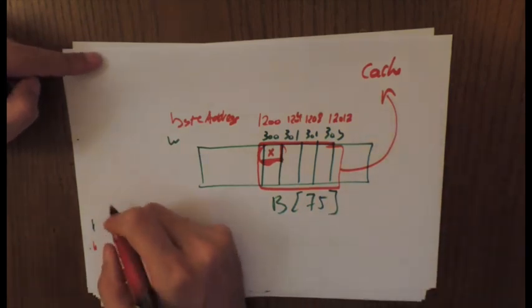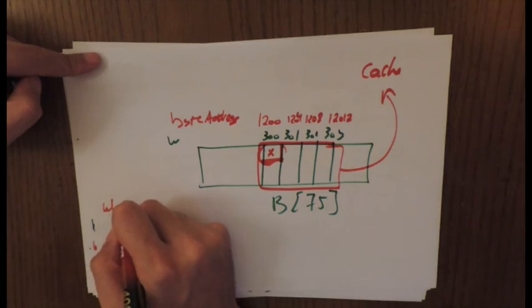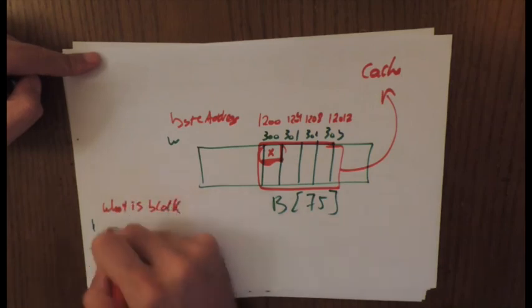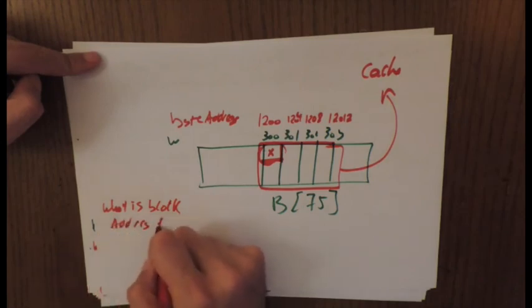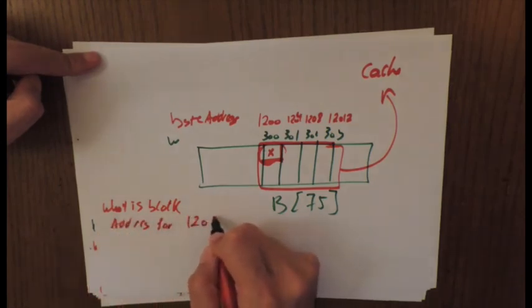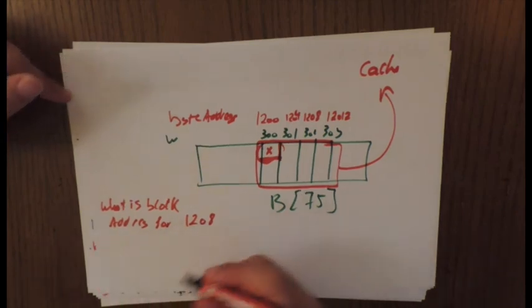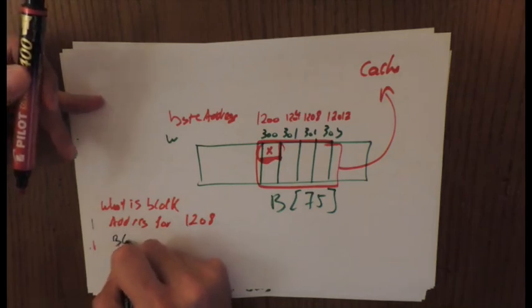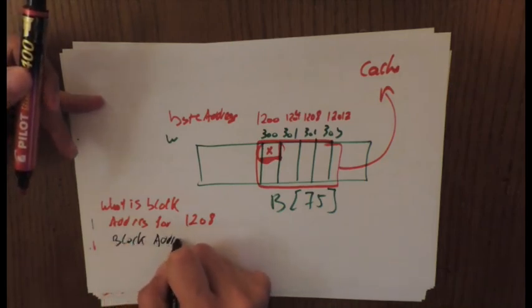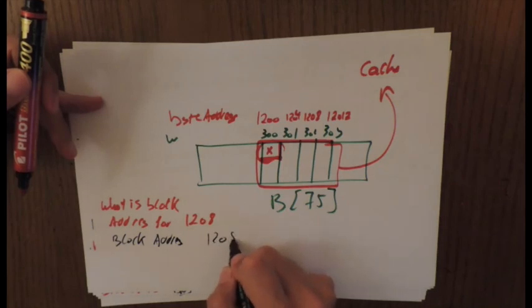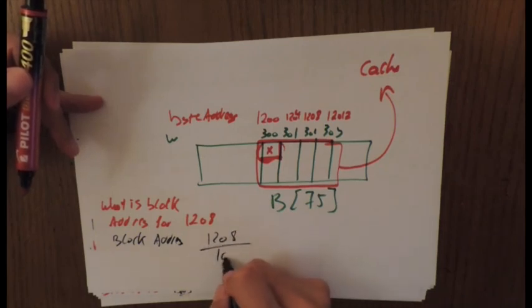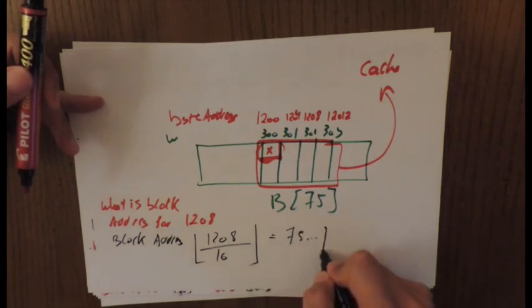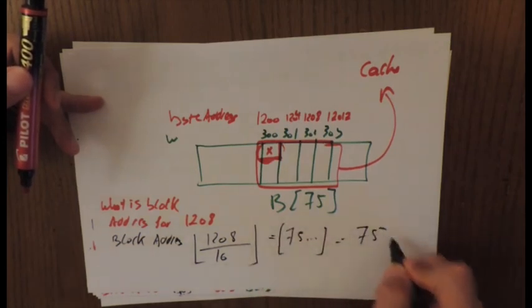So for example, say, what is the block address for 1208? Of course I do the same thing. I go ahead and divide. Assuming I don't know, I divide 1208 by 16, and I see this will be 75 point something, which will be equal to 75.